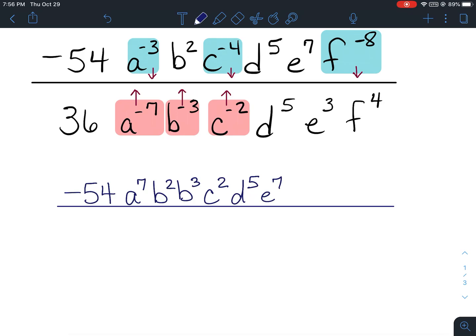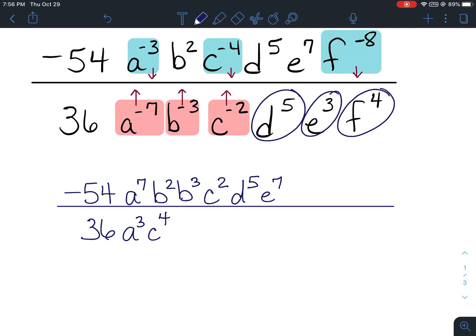In the denominator, I'm still going to have 36. This moves to the denominator, so a to the third. Both b's are in the numerator. c to the fourth moves to the denominator. This d to the fifth, e to the third, f to the fourth, they all stay in the denominator.